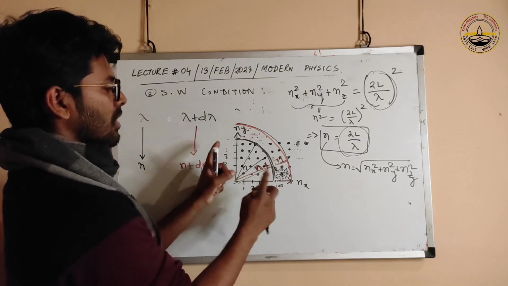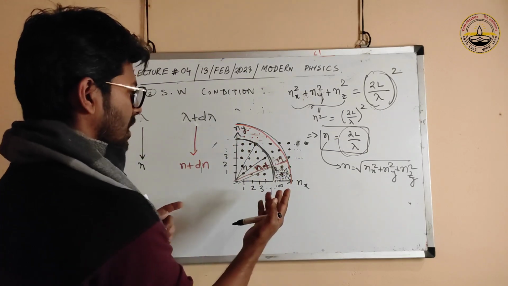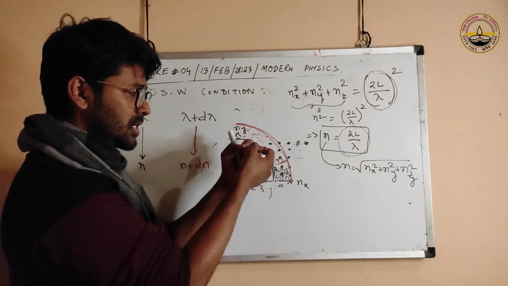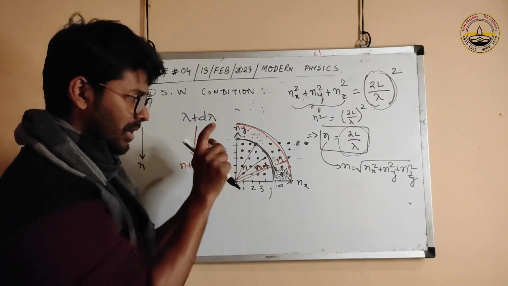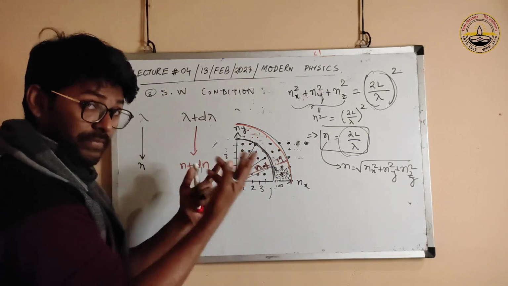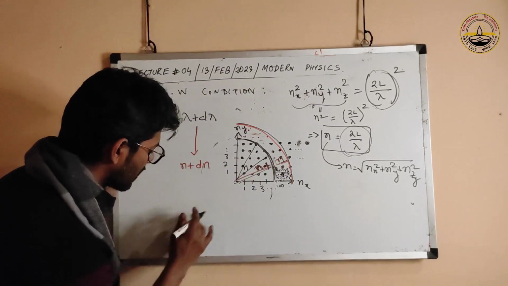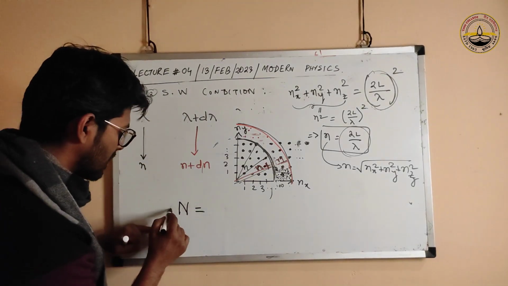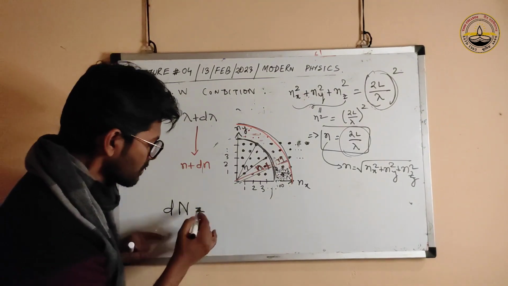We have to now take 1/8 of this thing. And now the area becomes a volume. So the number of points within the spherical shell can now be equated to the volume of this spherical shell. So the number of points, let's say dn, equals the volume.